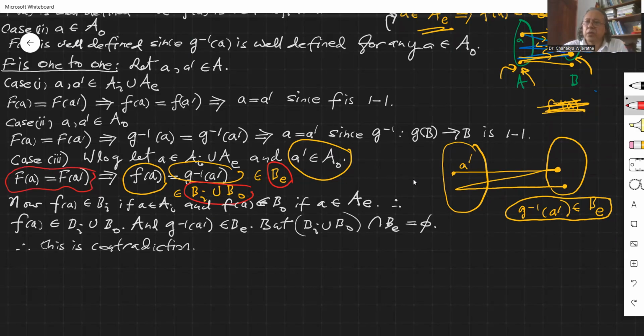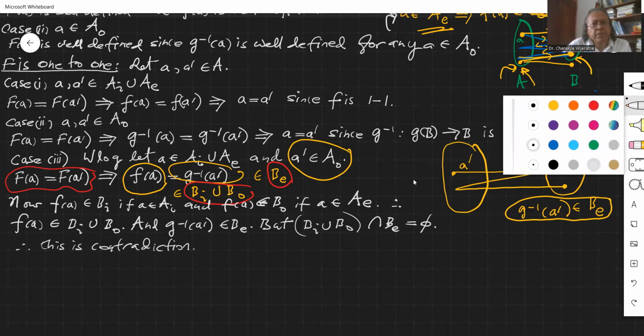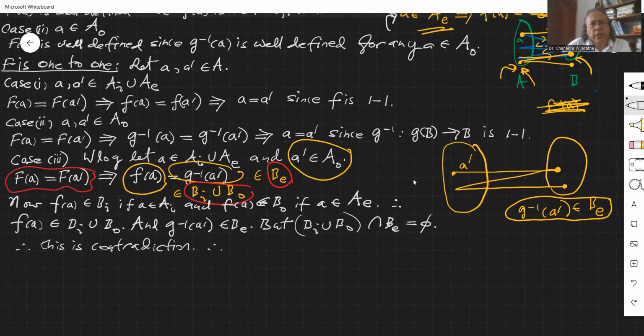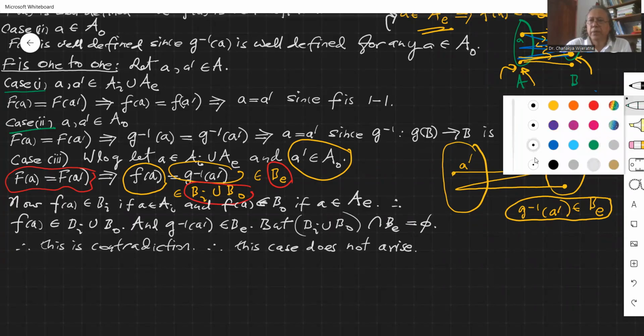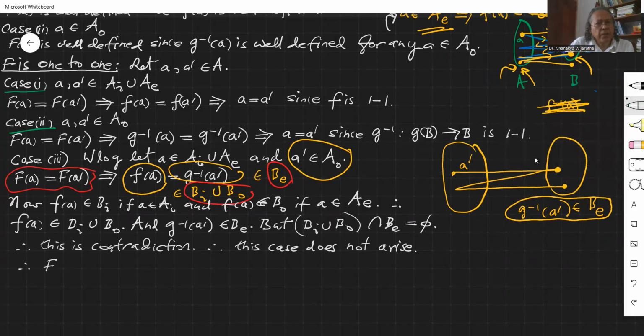So therefore, we can conclude, sorry about that, we have shown that f is 1 to 1.